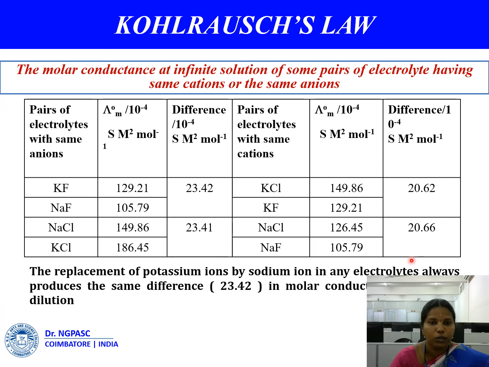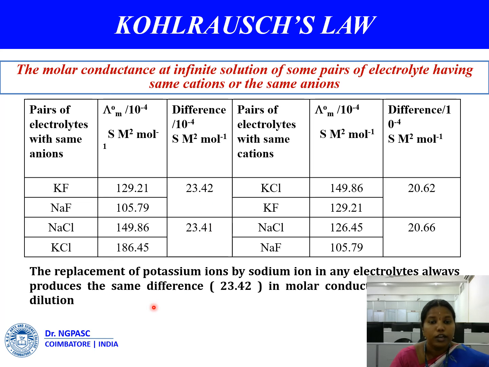See, in the tabular column you can see a pair of electrolytes with the same anions and same cations. First let us take potassium fluoride and sodium fluoride. Here both the anions are the same, that is fluoride. So this is the corresponding value of molar conductance. The difference between these two values is 23.42.